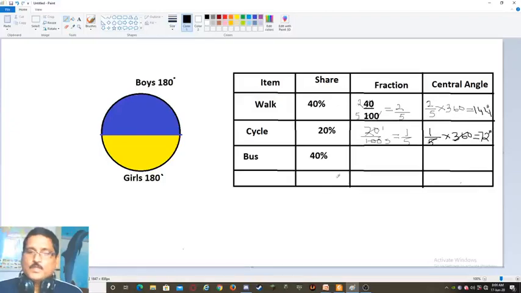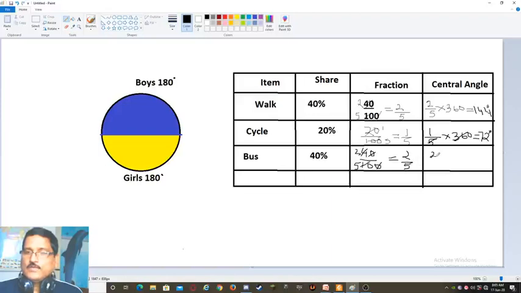Okay, now 40%, 40 upon 100. If I cut the zeros, that is equal to 2 by 5. Clear?